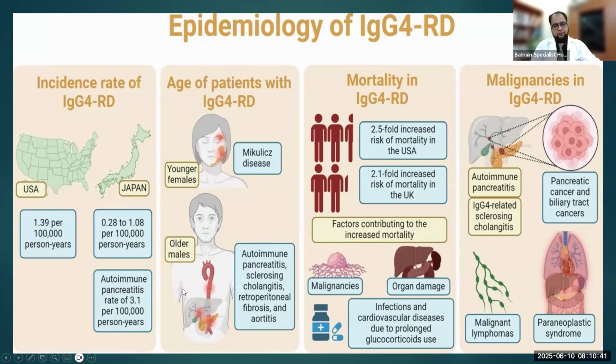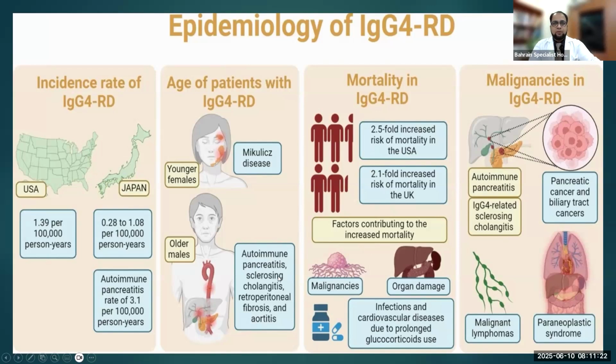Based on the presentation of disease, there is a certain propensity for IgG4 related disease shown in young females, who present with more head and neck disease of the salivary and lacrimal glands, called the Mikulicz pattern of disease. While in elderly males, other phenotypic patterns have been described, like autoimmune pancreatitis, sclerosing cholangitis, retroperitoneal fibrosis, and aortitis. Mortality is 2.5-fold increased in the USA, while it is 2.1-fold in the UK.